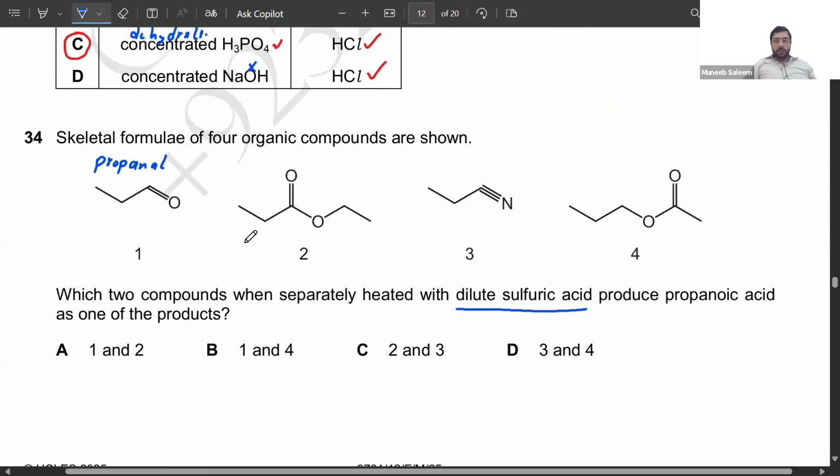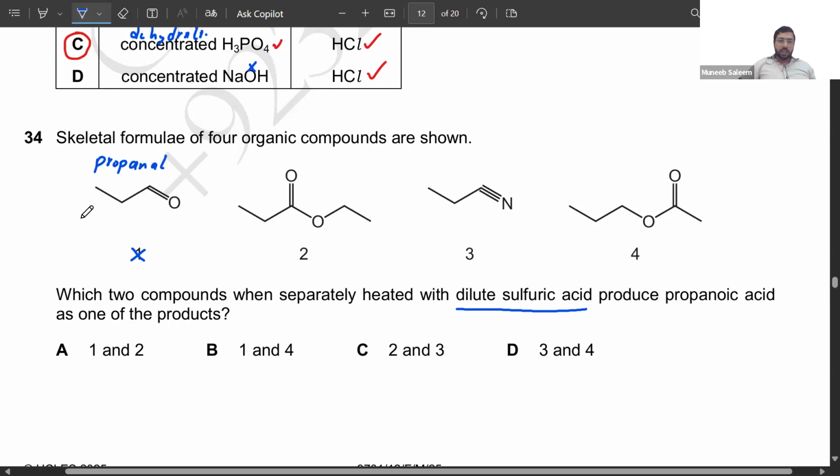So, as a result of this, we will say that the first compound is not the one which is going to react with the sulfuric acid, because it is not the oxidizing agent over here. It is not working as an oxidizing agent here to oxidize propanol.